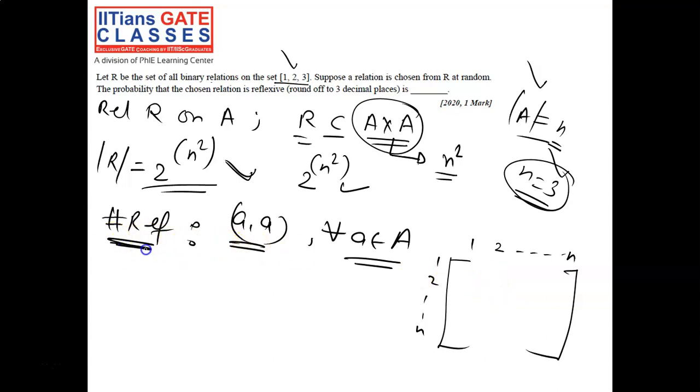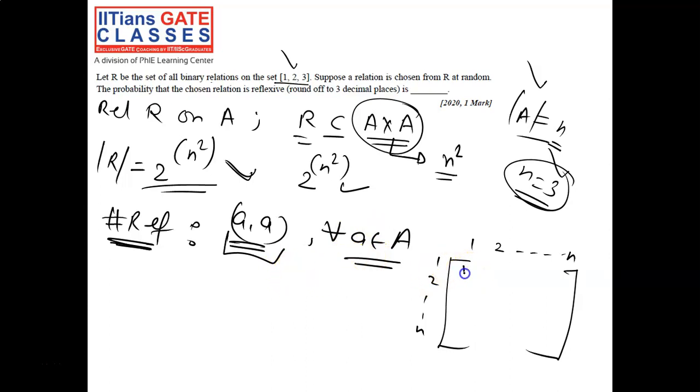Now we are interested in finding the reflexive relations. A reflexive relation is a relation in which we have the pair (a, a) for all a. Basically we have (1, 1), (2, 2), (3, 3) and so on up to (n, n).